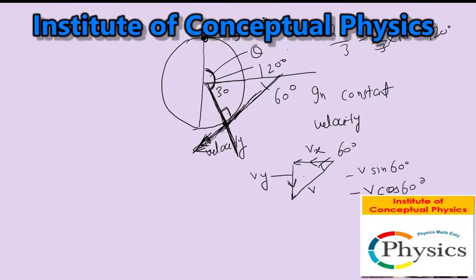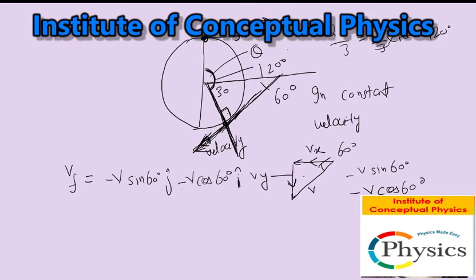So you know the velocity components now, and you have to calculate the change in velocity. The change in velocity here is happening because of change in direction. Your final velocity at an angular displacement of 120 degrees can be expressed as minus v sine 60 j minus v cos 60 i.